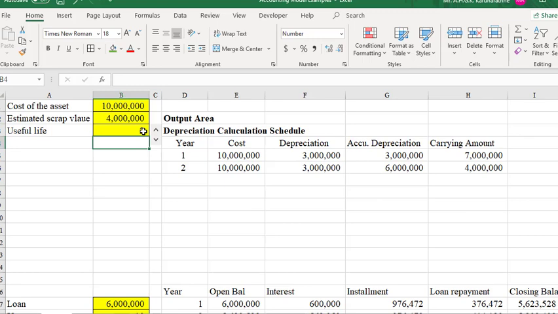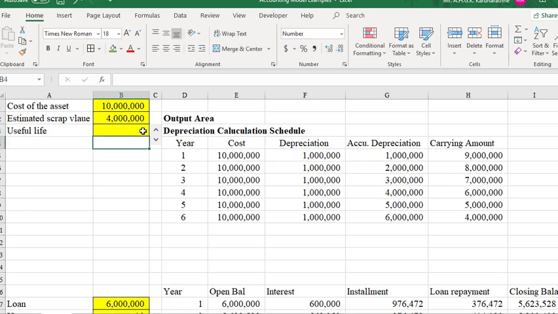If the management policy decision is to use the asset for 6 years, we just put 6 years and enter, and it computes depreciation very quickly, like this.